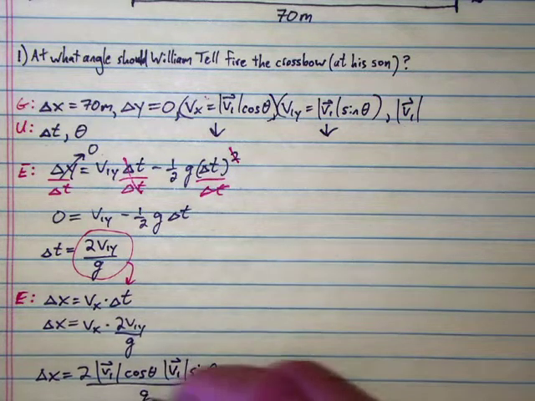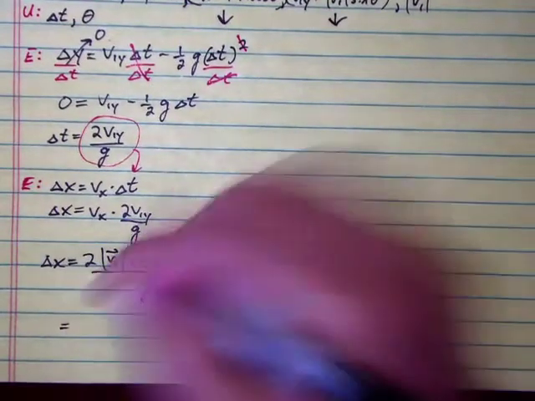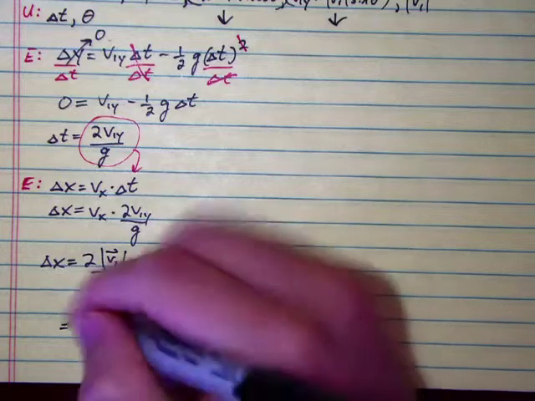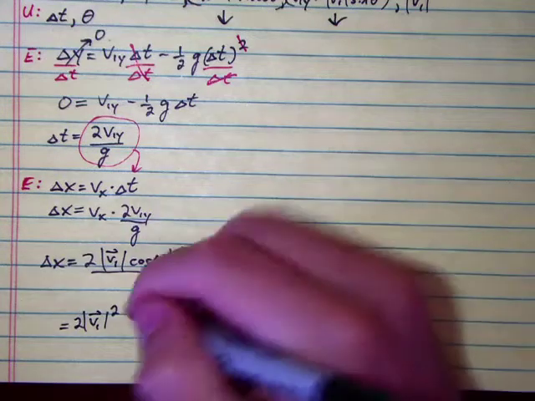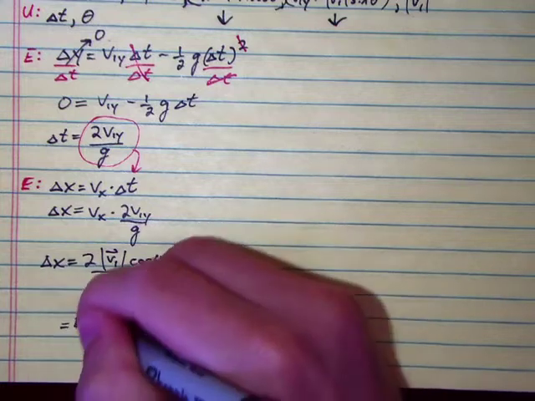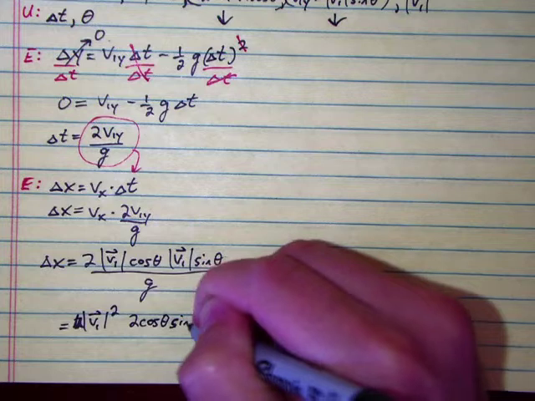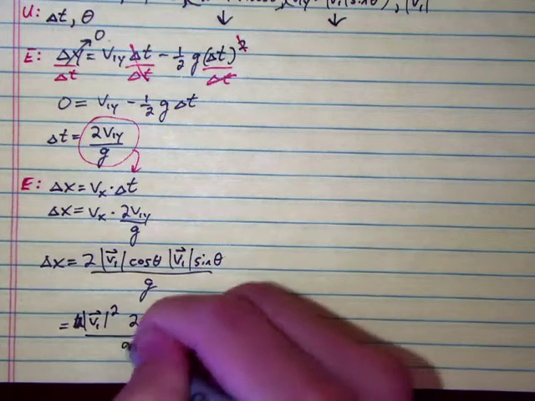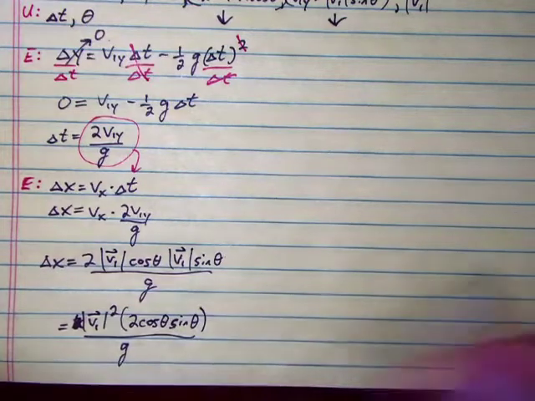All that's over g. I'm going to write that once more. Put these two speeds together: 2 times the initial speed squared. Actually, I'm going to put this 2 over here next to 2 cosine theta sine theta. All of that over g.